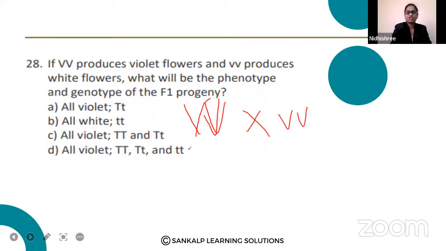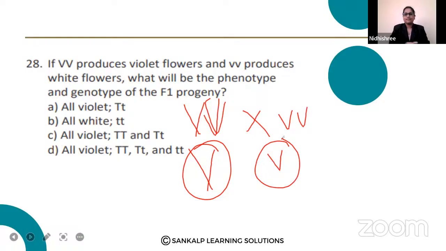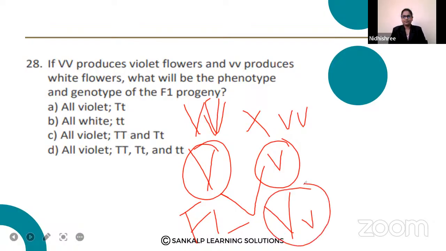In gamete formation, V and then small letter v. When fertilization occurs, we get capital letter V, small letter v. This is the F1 progeny. So what happens in F1? Heterozygous violet. V is dominant violet. So all the F1 hybrids will be violet.